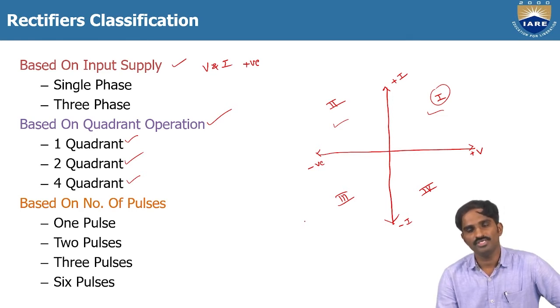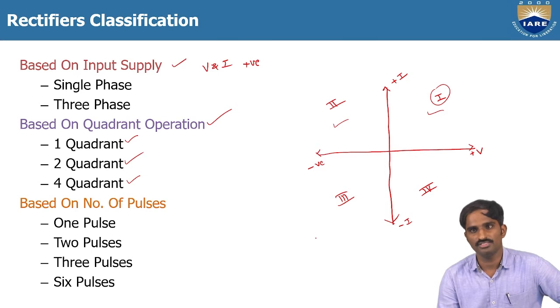If you want to get the function of the rectifier, we should turn on and turn off the thyristors, following a sequence, to get the DC output voltage. There are mainly two conditions to turn on the thyristor. The first condition is we should give a positive anode voltage with respect to the cathode. The second condition is we should give the gate pulse to the gate with respect to the cathode.